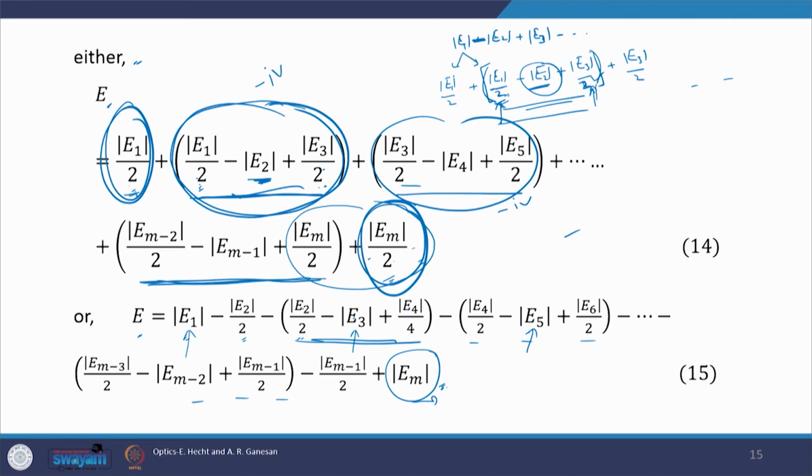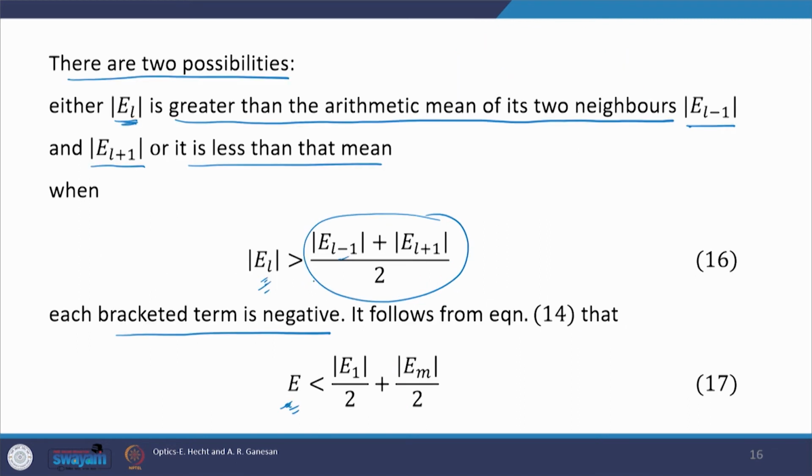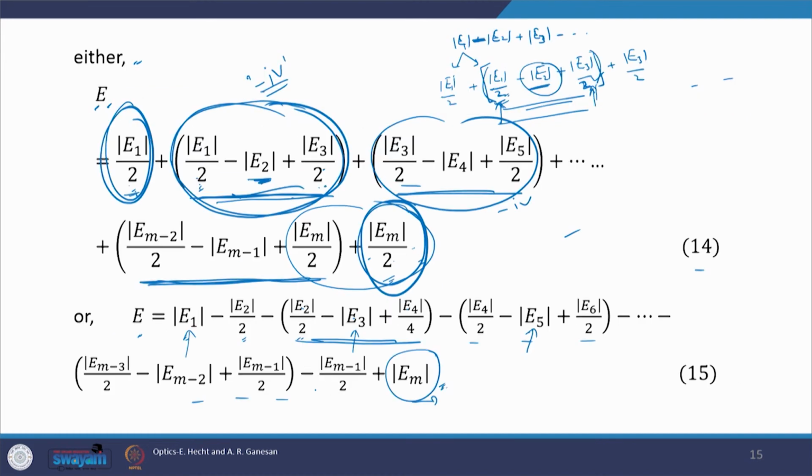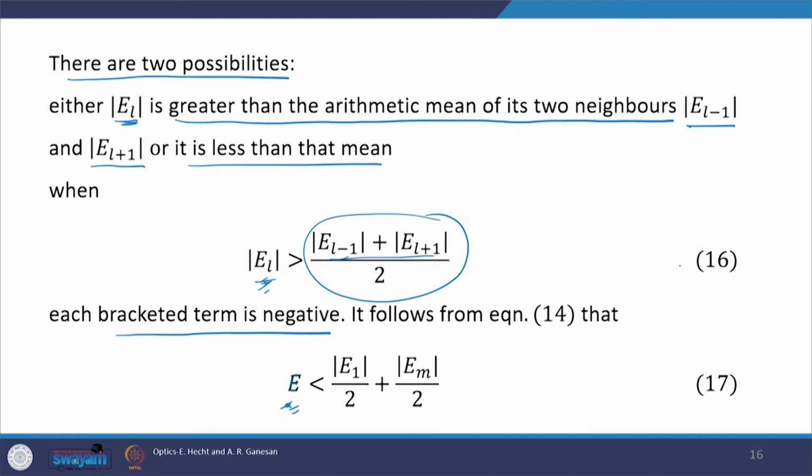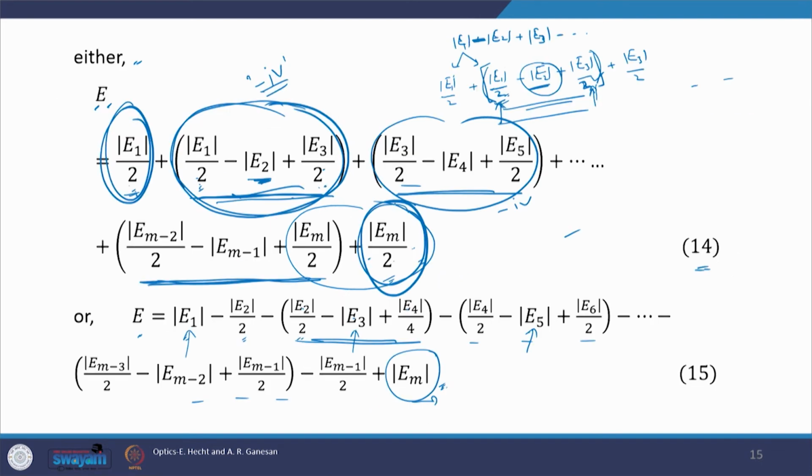Since we are in equation 14, in terms E1 by 2 and EM by 2, we are only adding some negative terms. Since all the bracketed terms are negative, because we have assumed that EL is larger than the average of the two, therefore, capital E from equation number 14 would be less than E1 by 2 plus EM by 2. I repeat, we have a series where this is the first term and this is the last term.